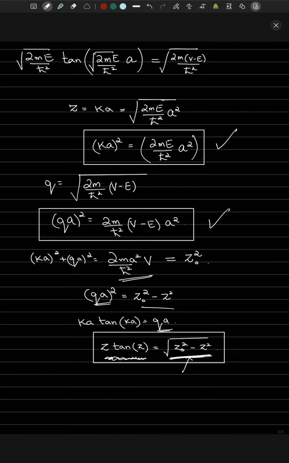So on the horizontal axis you would have z, and on the vertical axis you would have those functions of z. And the intersection points of these curves, which I'm going to draw in a bit, would determine the allowed values of your z, and hence the allowed energies E, right?